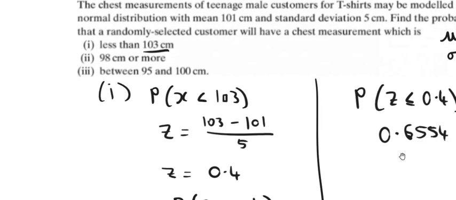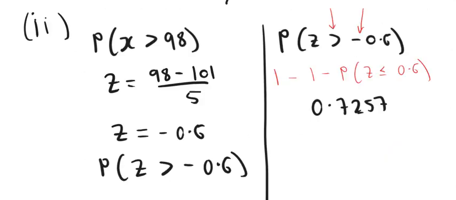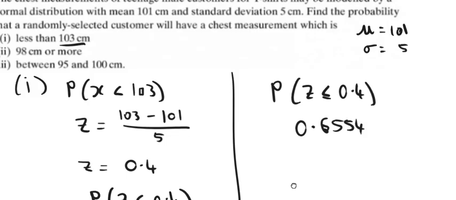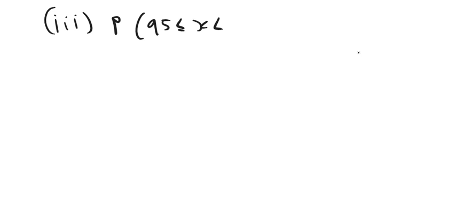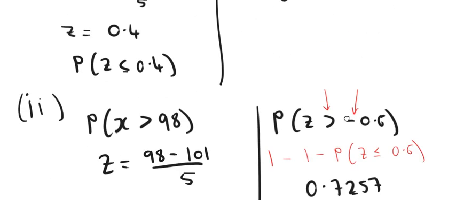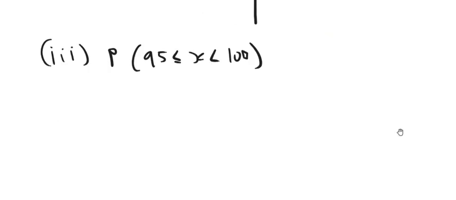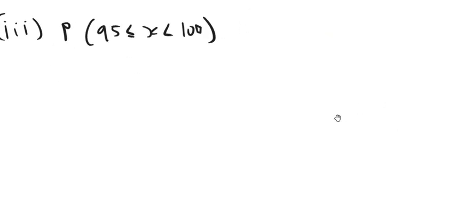Right, the last one is between 95 and 100. So third one, the probability that x is between 95 and 100. So really we're being asked about 100 and we're being asked about 95 in this one. So we're going to get two different z-scores.